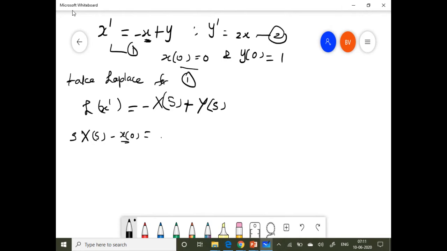On the right side, it is negative X of s plus Y of s. What happens on the left side? This term becomes 0. This X of s can join the left side. So s times X of s plus another X of s from the right side is equal to Y of s.